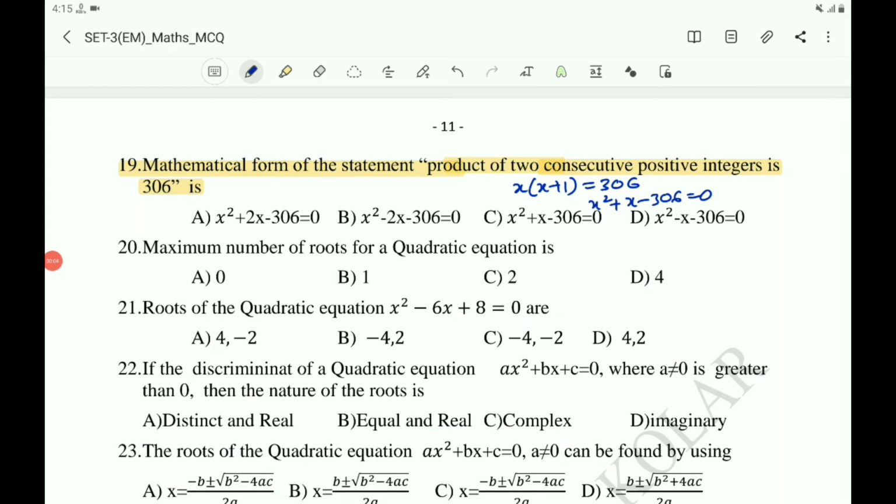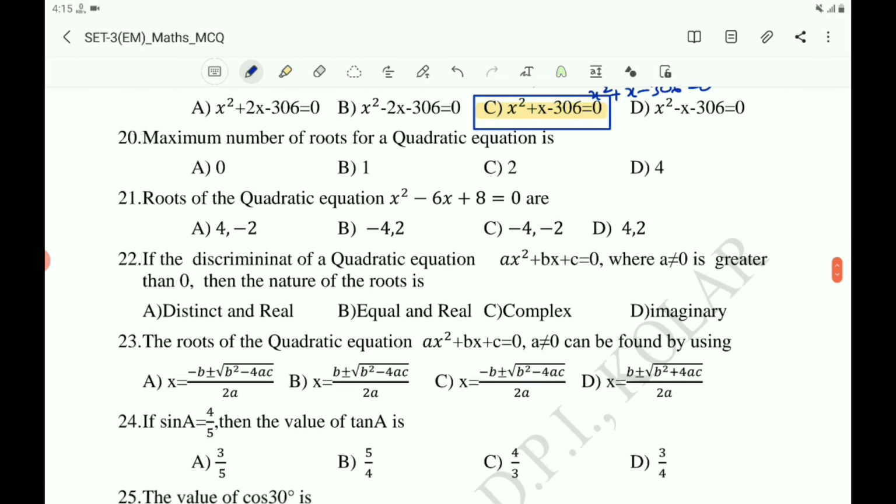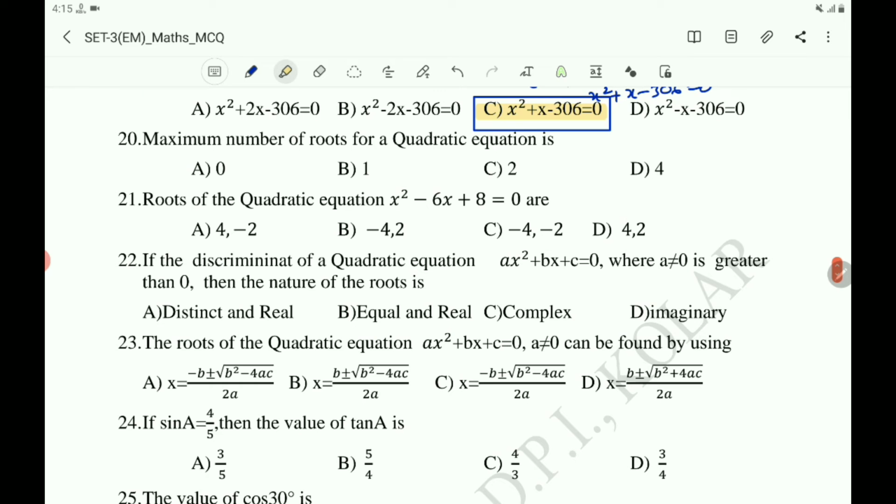Therefore what is the answer? Option C. Option C is the answer. Note it down. x into x plus 1 equals 306. That is x square plus x equals 306. If 306 is transferred to LHS, that becomes x square plus x minus 306 equals 0. Then you take question number 20.